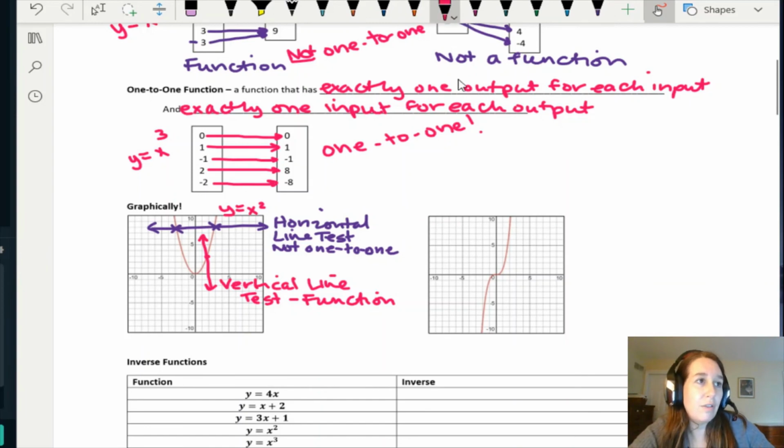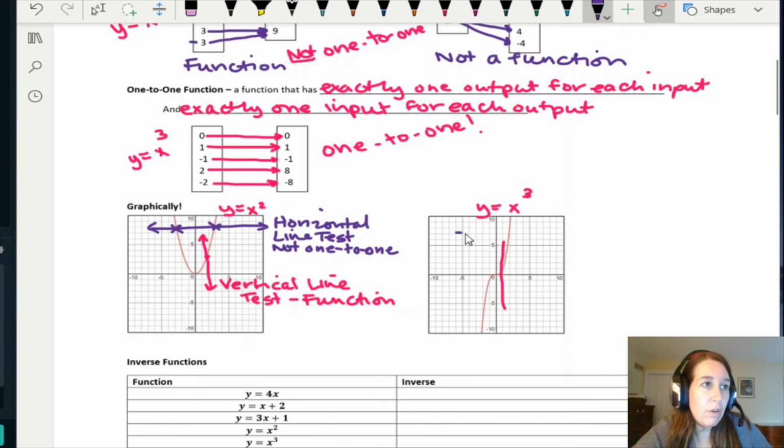On this other graph, this is the graph of y equals x cubed. We can perform the vertical line test and the horizontal line test, and they will each only touch one time. So it passes both tests, and that is why it is a one-to-one function.